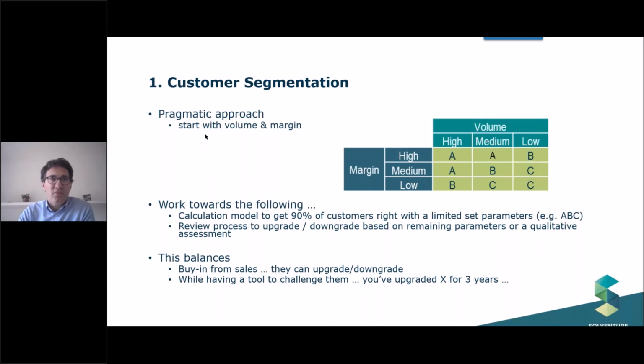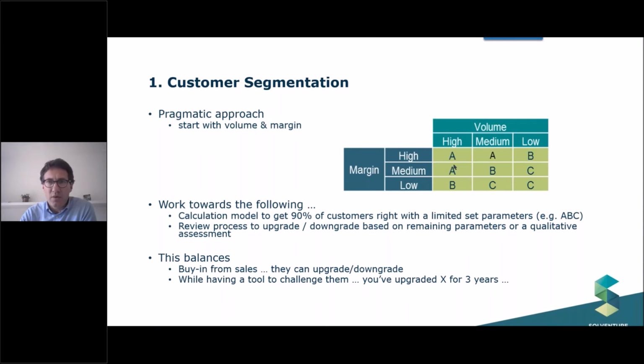So customer segmentation, as I mentioned, there are pragmatic ways, and what we believe and see is that using this ABC rule and combining a Pareto classification on volume with a Pareto classification on margin is already a good way to start.